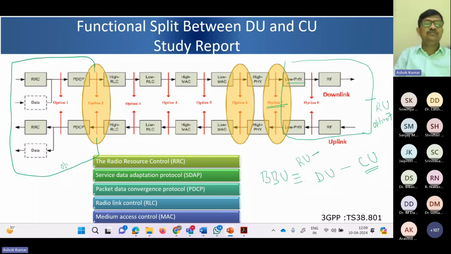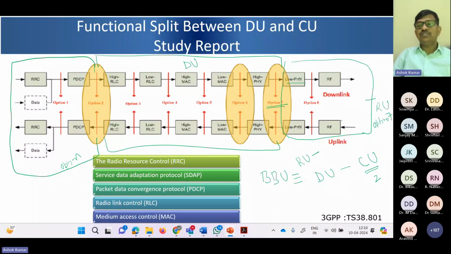So this is option 2. So CU is option 2. And whatever is remaining, that is the upper part of the physical layer, MAC layer and RLC layer, I am handling at the DU.